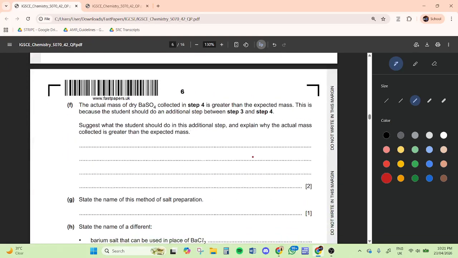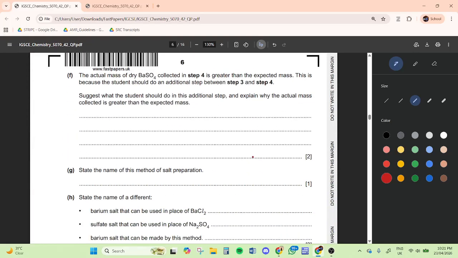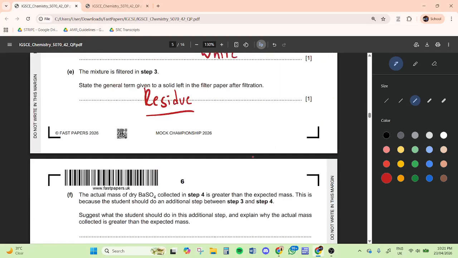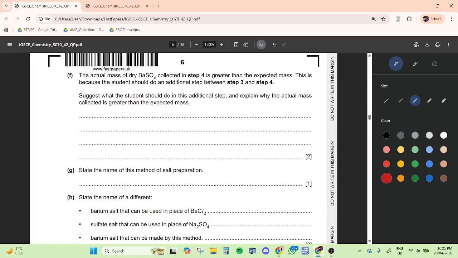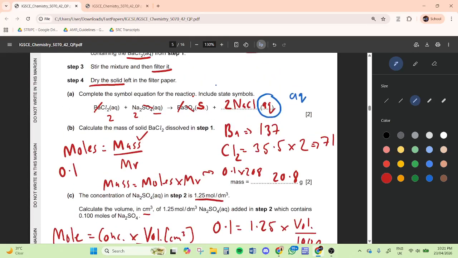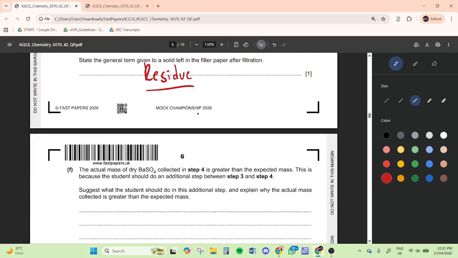All right, next question. The actual mass of dry barium sulfate collected in step 4 is greater than the expected mass. This is because the student should do an additional step between step 3 and step 4. Suggest what the student should do in this additional step and explain why the actual mass collected is greater than the expected mass. So when you're doing this reaction, you're getting barium chloride and sodium sulfate, and you're getting barium sulfate and sodium chloride.